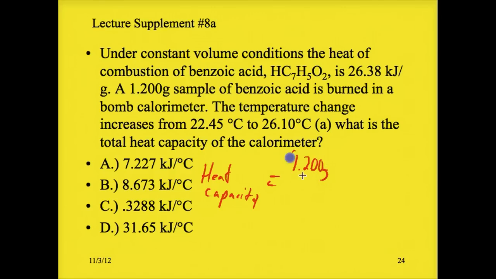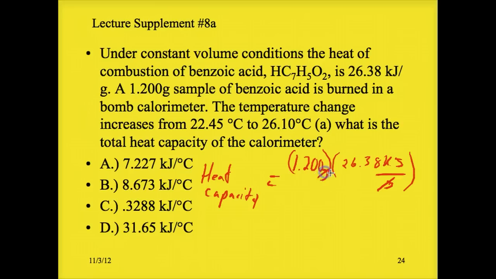The kilojoules is going to be the mass of the benzoic acid that reacts times the actual delta H reaction. Note that they were nice enough to give it to us in 26.38 kilojoules per gram instead of per mole, because that saves us calculations. It would actually be a little bit harder to do if they gave it to us per mole.